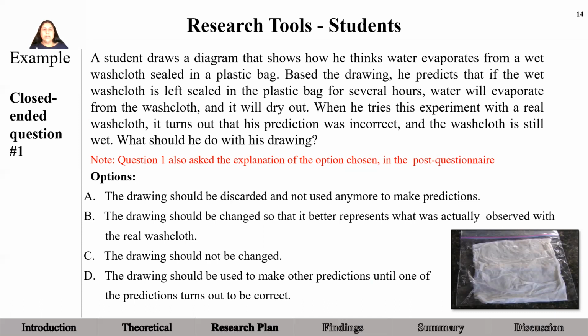I am giving you some time to think about the correct answer. Yes, you are right. The correct answer is B. The drawing should be changed so that it better represents what was actually observed with the real washcloth.